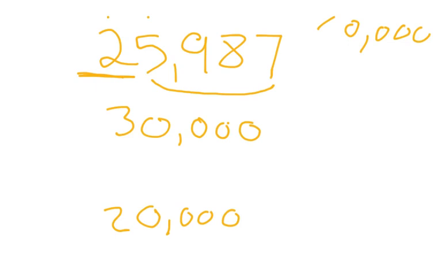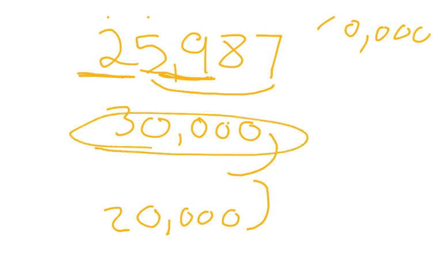Would you say that that number is closer to 30,000 or closer to 20,000? Well, a lot of you guys are probably going, well, if it's 5 or above, we're going to give it a shove. And look at this. Not only is it 5 or above, it's 5,900. So we would round this up to 30,000.